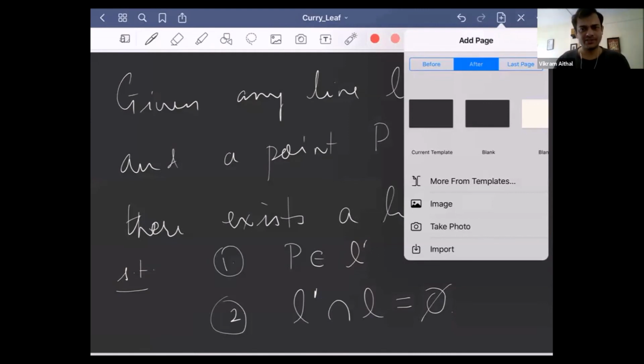What are the possibilities that we have? How will you draw it? If you draw it, what can happen? If anybody has an answer, please say yes.